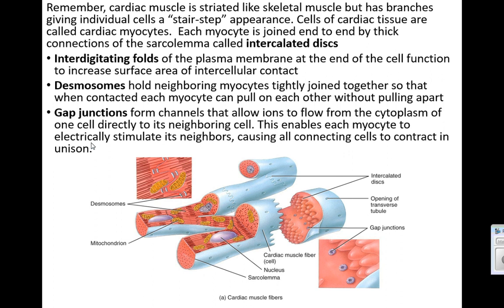And that's the same thing that's happening here. So it allows for action potentials to spread from one cell to another, which is important. And that's demonstrated here at the very last half of our sentence, causing all cells or connecting cells to contract in unison. Because as we're going to see, the way that the heart contracts is a very coordinated manner in order for blood to be ejected in the correct way.